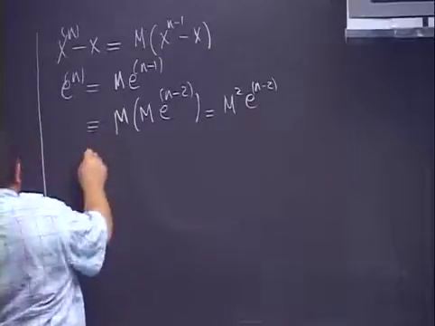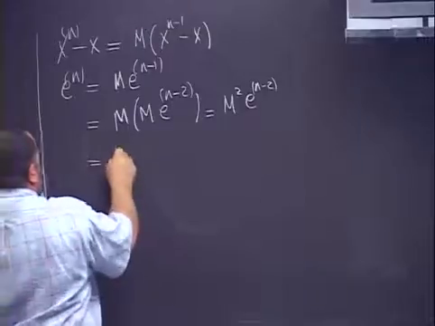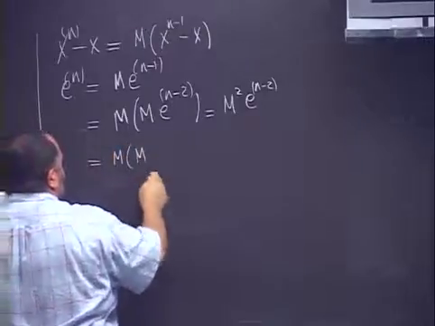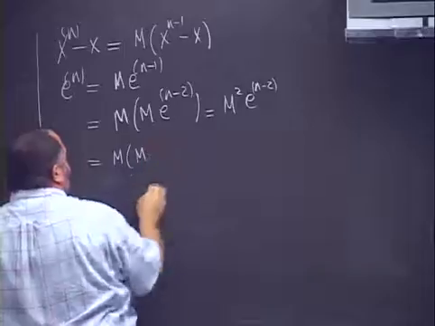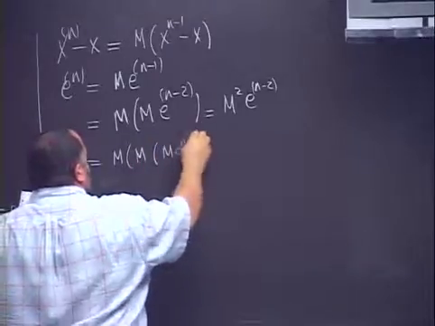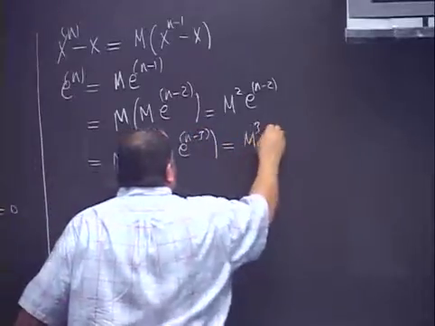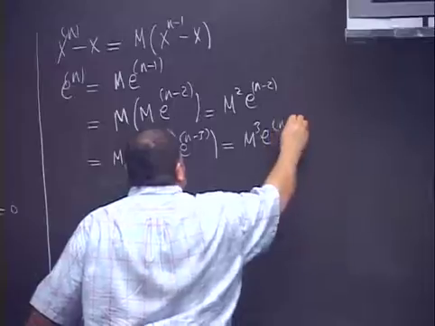Again, I can continue like this for n minus 3. This will be M multiplied by M, and the error after the (n minus 2)th iteration will be M times the error after the (n minus 3)th iteration, and this will be M cubed E(n minus 3).